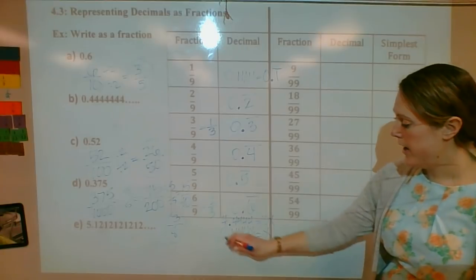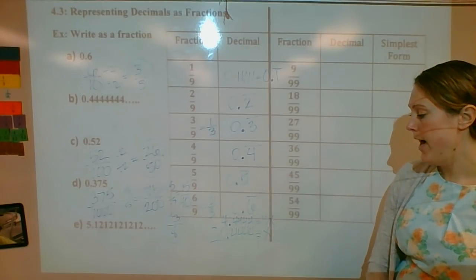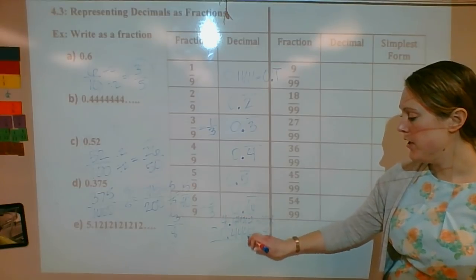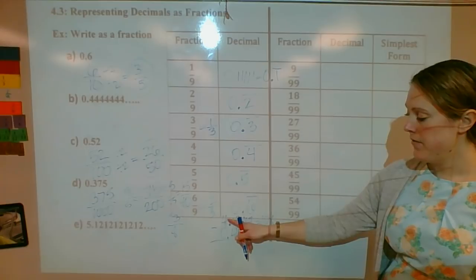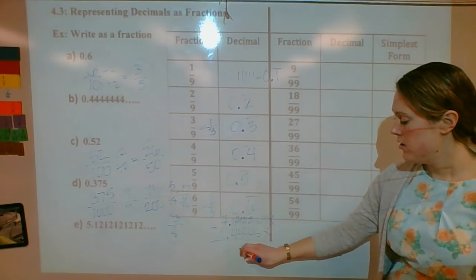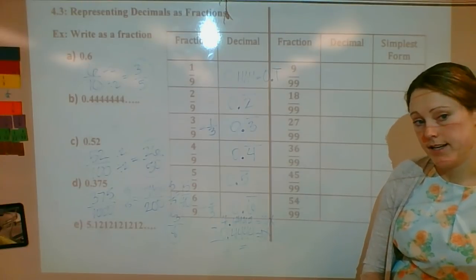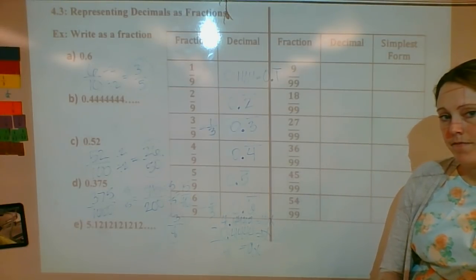From there, I can actually subtract those two equations. What would happen is all of my 0.4s that are repeating are going to cancel each other out for the whole rest of time. And I'm left with 4 minus 0, which is just 4. And then over here, 10x minus x would leave me with 9x.